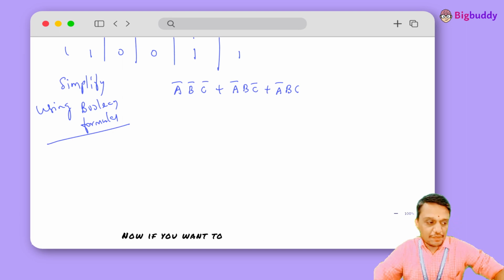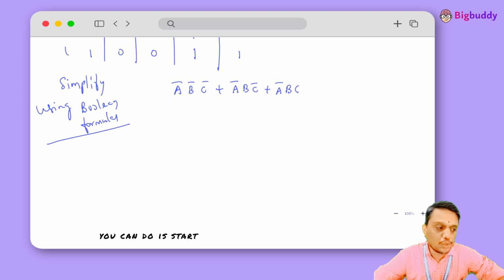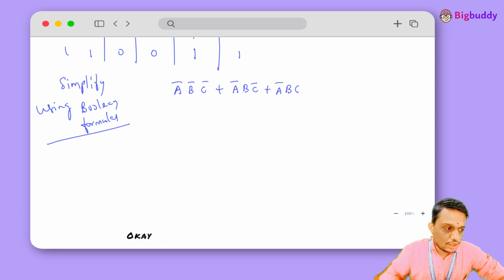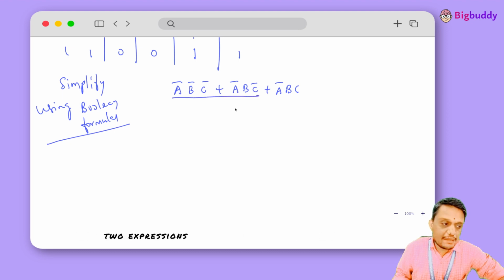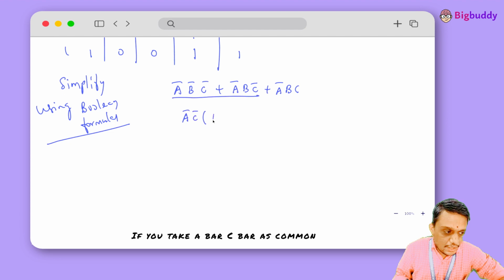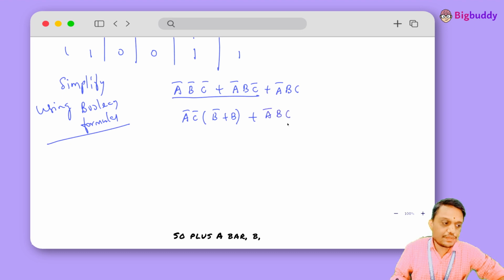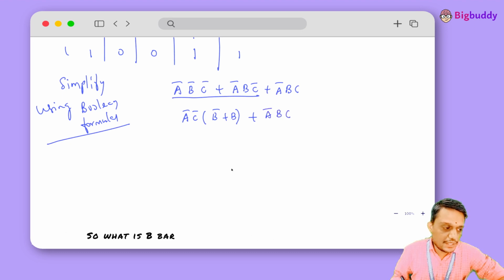Now, if you want to simplify this, you can start applying Boolean formulas. In the first two terms, take A bar C bar as common. If you take A bar C bar as common, you are left with B bar plus B, plus A bar B C. What is B bar plus B?